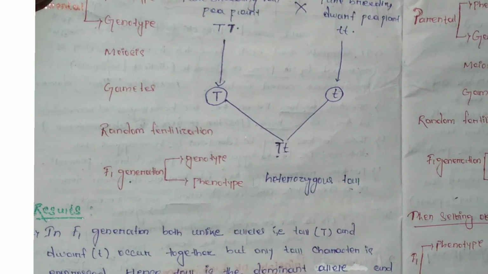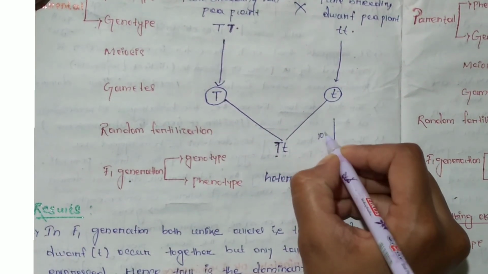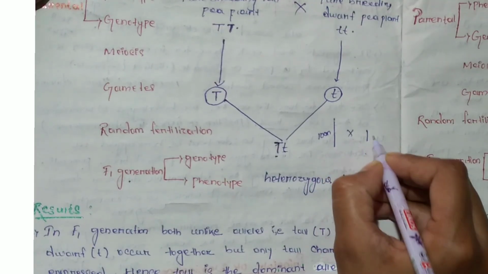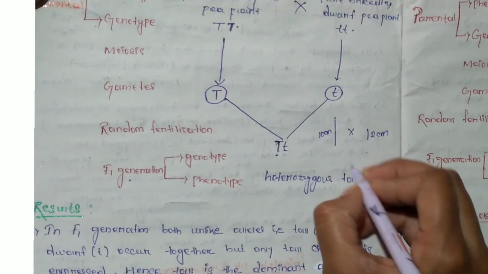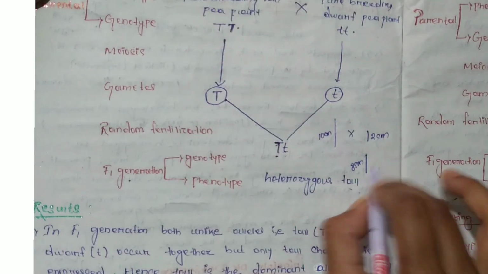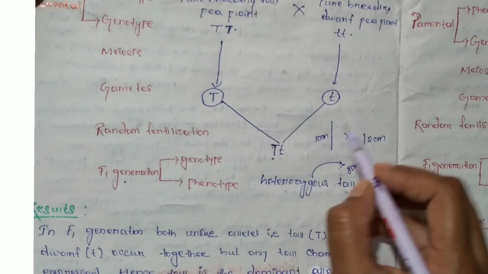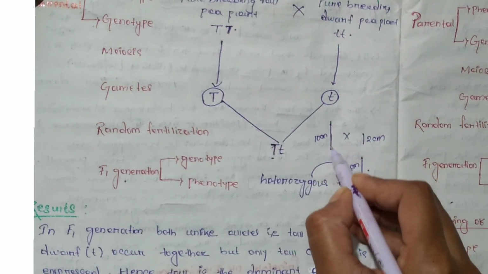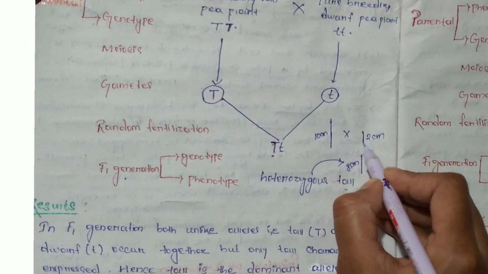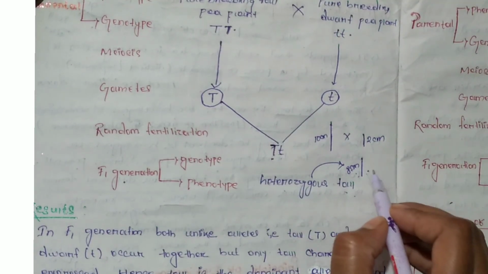As an example, if we cross a 10 centimeter tall pea plant with a 2 centimeter dwarf pea plant, they give an 8 centimeter tall pea plant. This is the heterozygous tall pea plant.